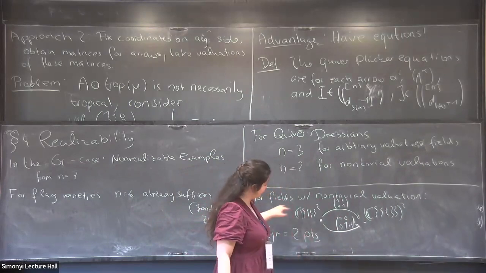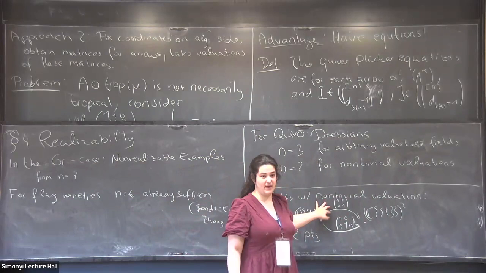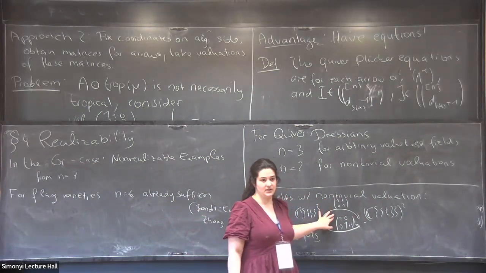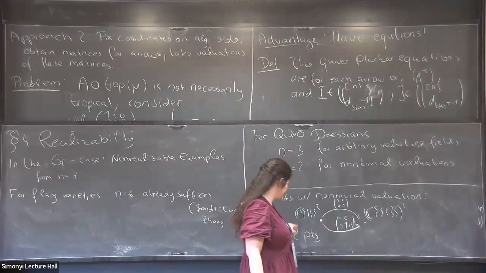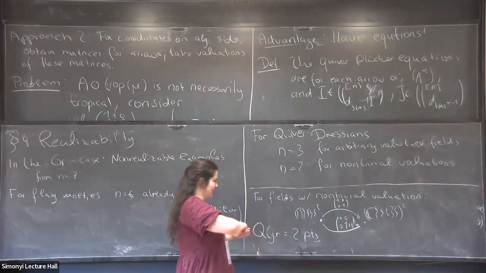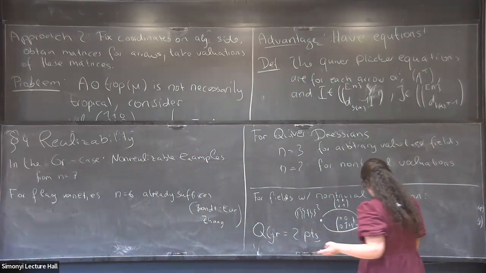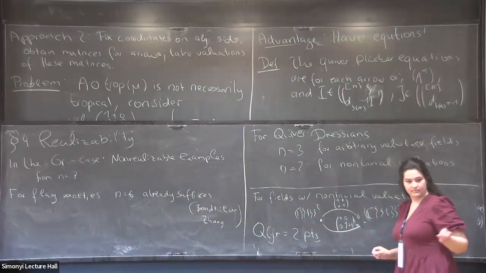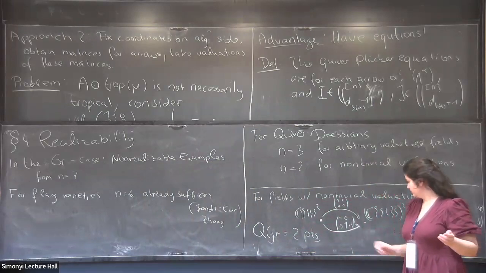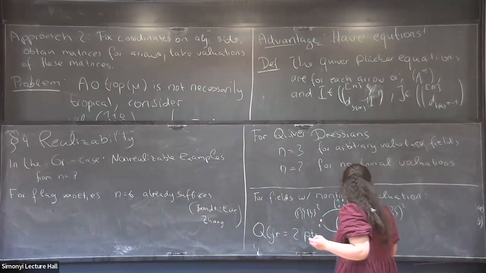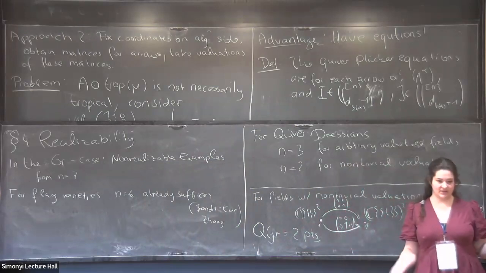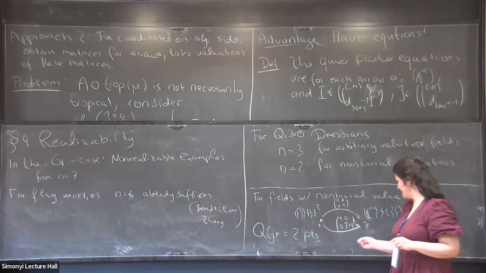Whereas the valuation map forgets that these two maps are different. And that results in you having a one-dimensional space. My dimension vector is (1,1), so I'm considering one-dimensional subspaces in this two-dimensional space.